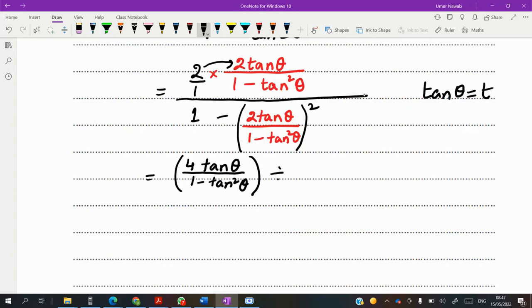Then divide. For this, I'm using division. Now, what is happening over here? It is 1 minus this square, it is 2. The square of 2 is 4. The square of tan is tan squared theta over 1 minus tan squared theta whole squared.